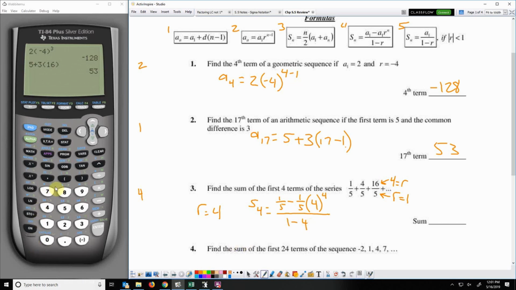Okay, so I can do the numerator in parentheses, so 1/5 minus 1/5 times 4 to the fourth power. I need to close parentheses on that numerator. Divided by 1 minus 4, which is -3, or I can do parentheses, 1 minus 4, close parentheses. And I get 17 for the sum of the first 4 terms.